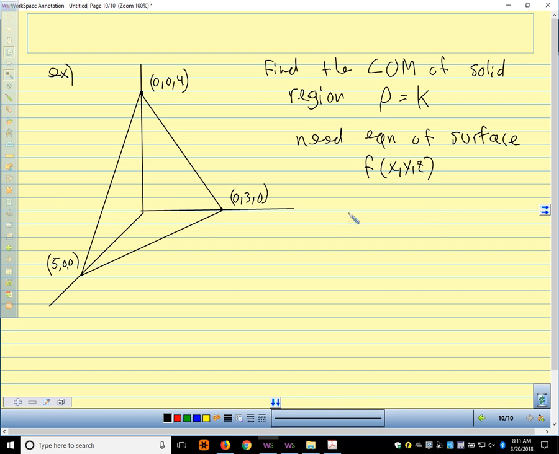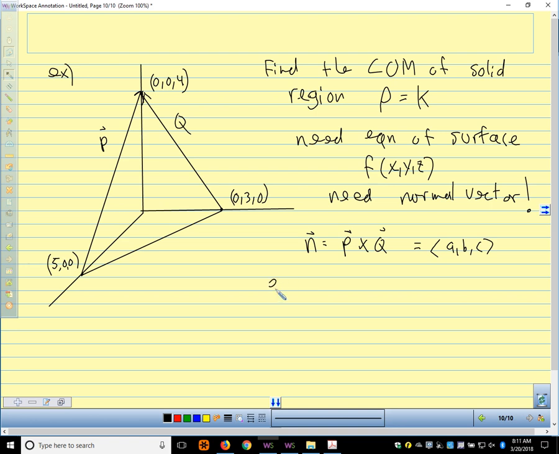We need a normal vector. Well, how are we going to make a normal vector? Set up two vectors. I'll turn this segment into a vector. I'll call that P. I'll turn this segment into a vector. I'll call that Q. And a normal vector is P cross Q. So we can find a normal vector to the plane. Let's say that gives us the vector ABC.